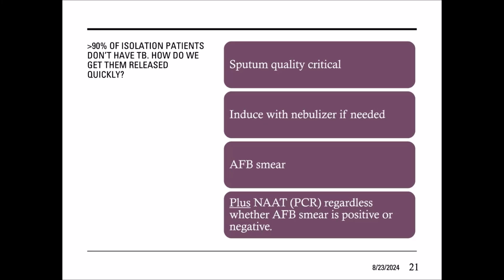Okay, so let's say you've got a patient in isolation, you're worried they might have TB, but then how are you going to quickly get this taken care of? Because if you're suspecting TB and the patient has some other problem, like a malignancy or a blood clot, you don't want to delay their treatment for their real problem, but you still have to rule out TB.